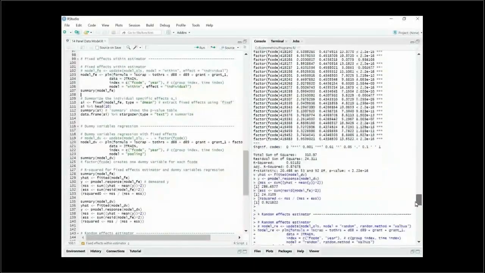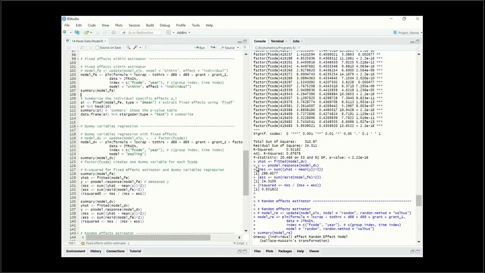What we're going to see here is that the model sum of squares is 287. So it's not 7, but 287. And the residual sum of squares is still 24. And this is what leads to this very high R square of 0.92 here as opposed to 0.22.